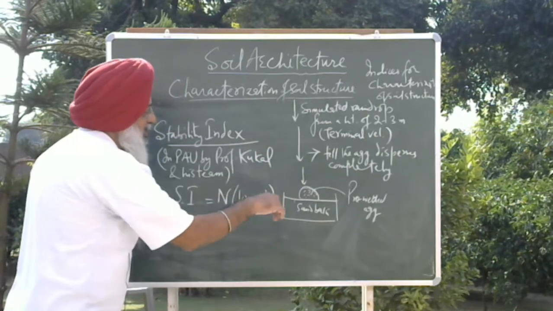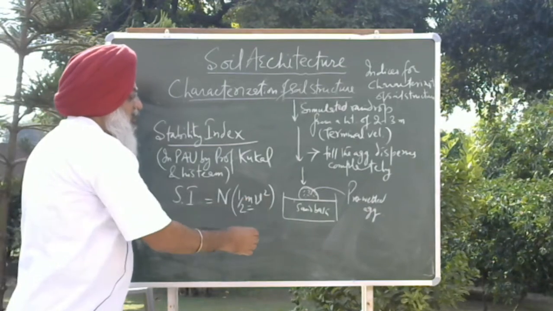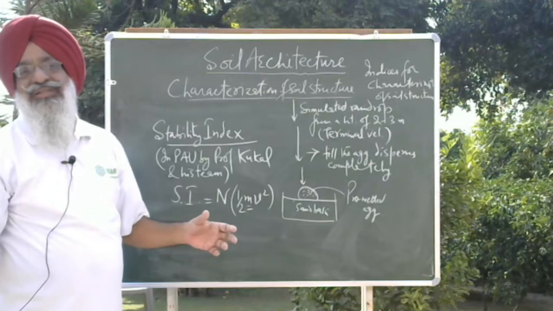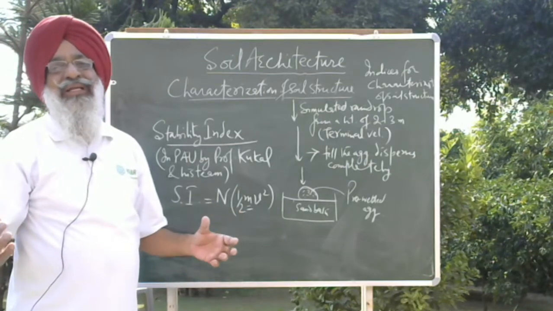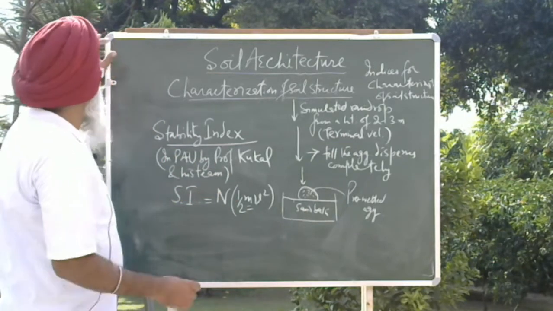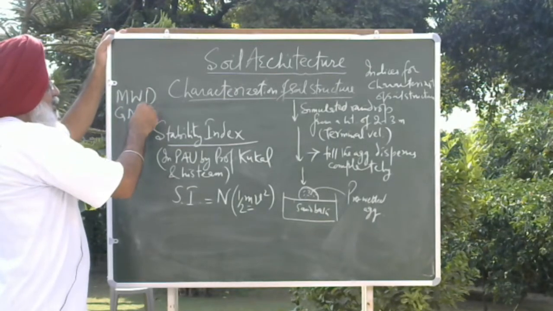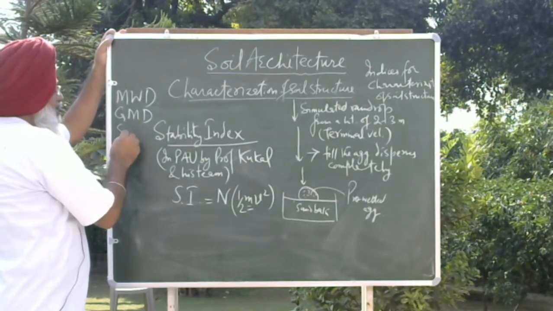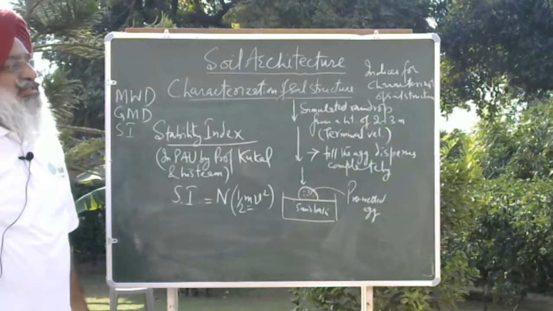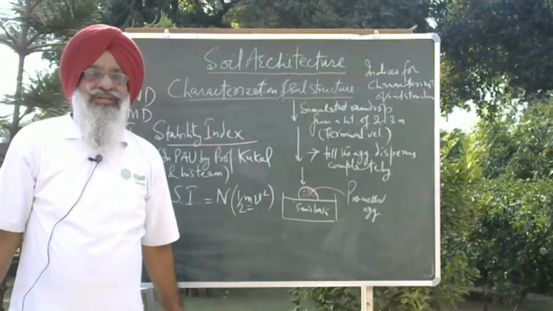M is mass of raindrop, because we know the volume, we can find out the mass, we know the terminal velocity, and we can find out stability index. Higher the stability index means more stable aggregate under the impact of raindrop. So, apart from mean weight diameter and geometric mean diameter, we can have stability index. These are 3 indices of characterizing soil structure. So, I hope the things are clear. Thank you very much.